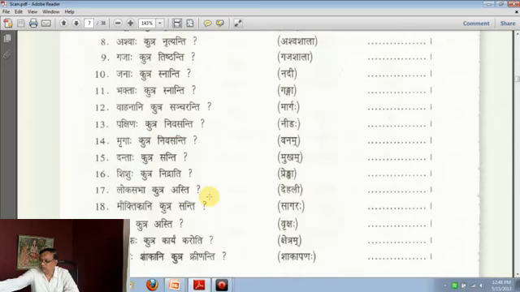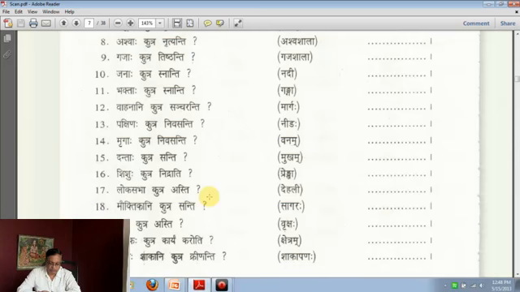Where are the pearls? मौक्तिकानि सागरे सन्ति. मौक्तिकम्, मौक्तिके, मौक्तिकानि: this is a नपुंसकलिंग word like पुस्तकम्, पुस्तके, पुस्तकानि.